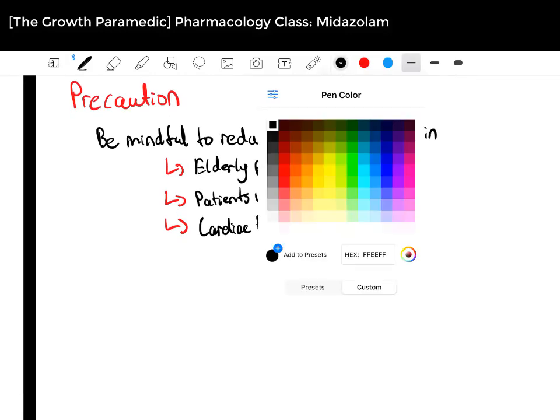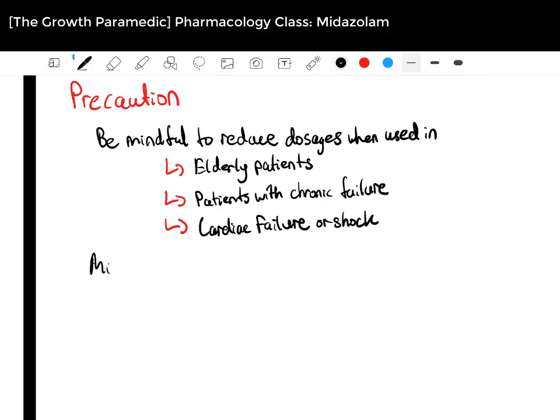With midazolam as well, midazolam can cause respiratory depression because again, it is sedating a patient. So midazolam, respiratory depression.